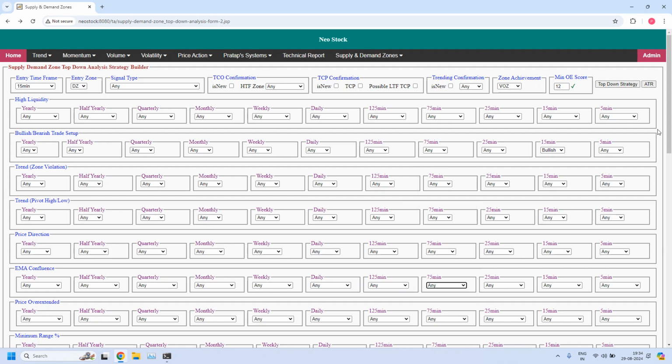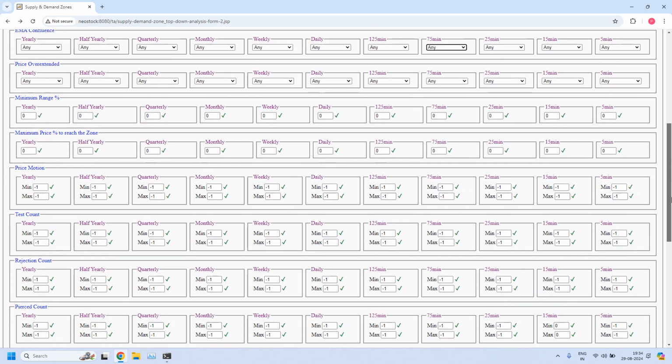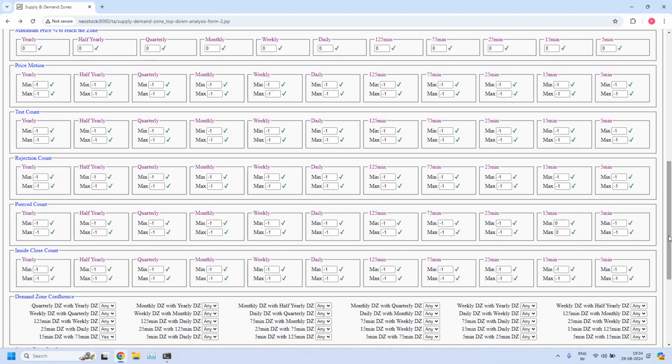Now let us look for LTF, ITF, HTF confluence from the original list of 17. Let's verify how many are having HTF confluence. So already 15 minutes and 75 is enabled. Now 15 minutes and daily demand zone confluence, that is HTF confluence, and also 75 minutes demand zone and daily demand zone confluence also enabled.